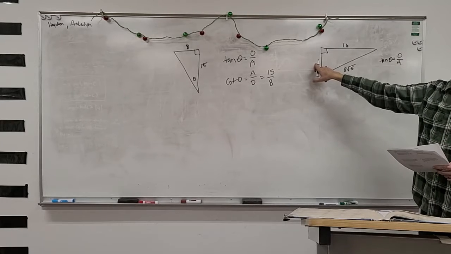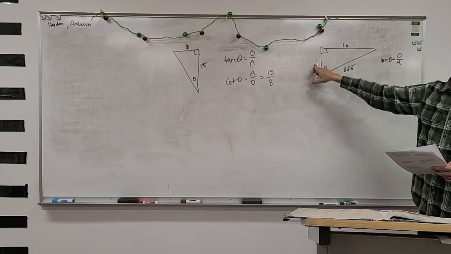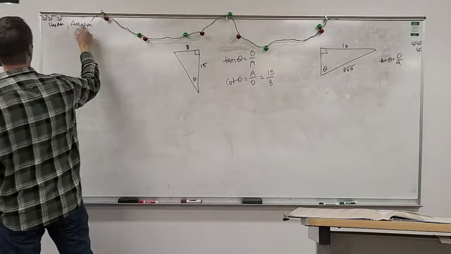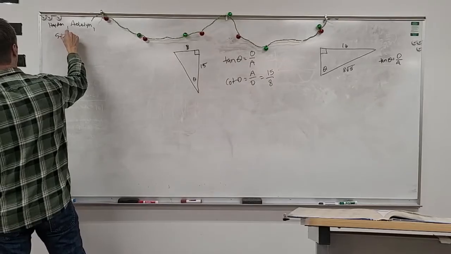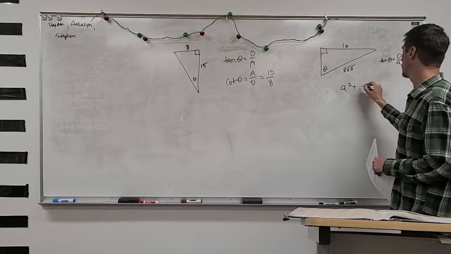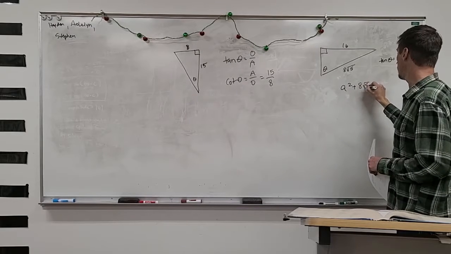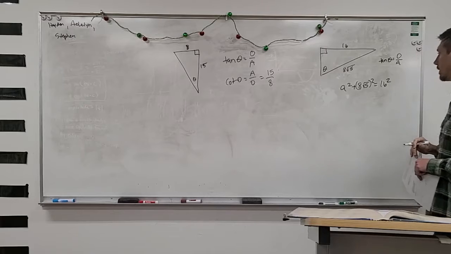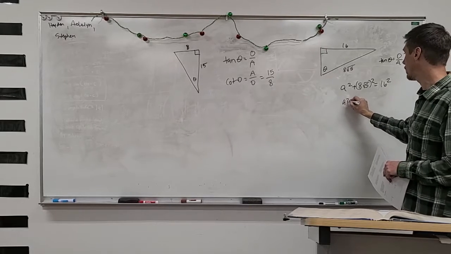So how can I calculate the adjacent for this one? A squared plus b squared equals c squared, right? I can use the Pythagorean theorem. So a squared plus 8 square root of 5 squared equals 16 squared.